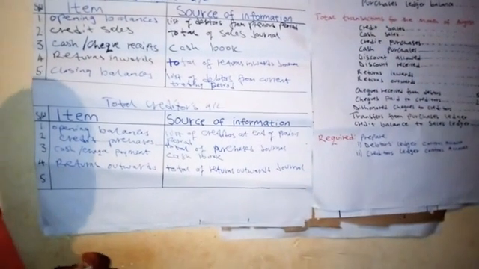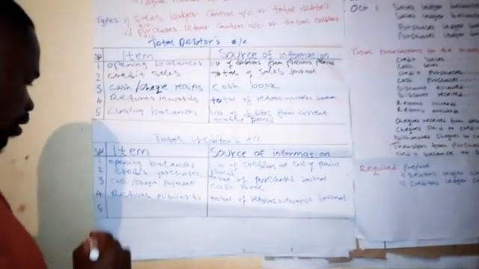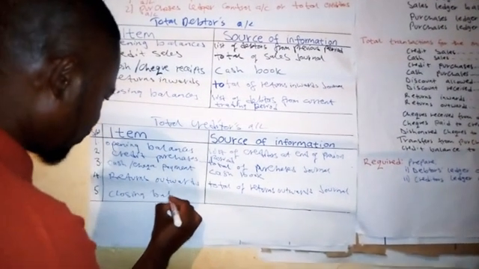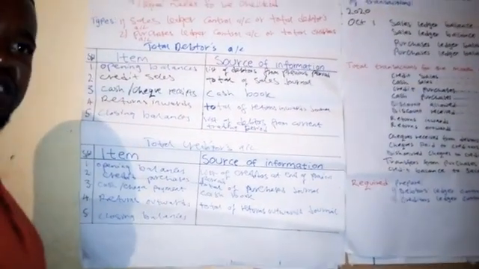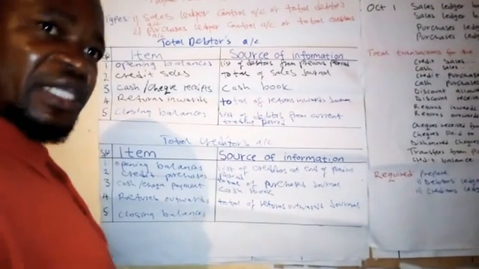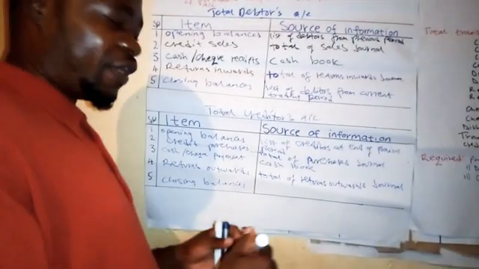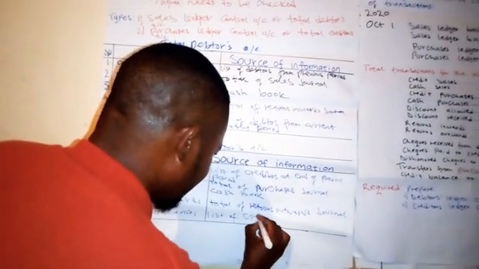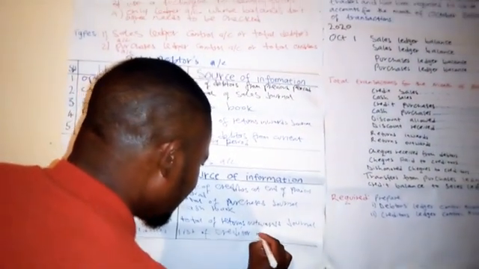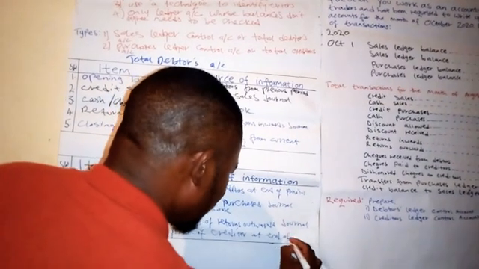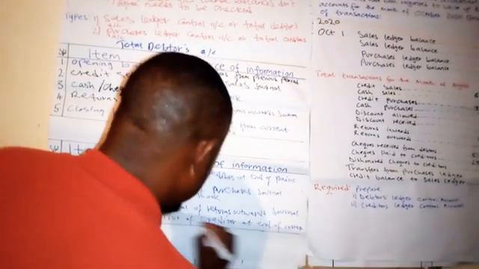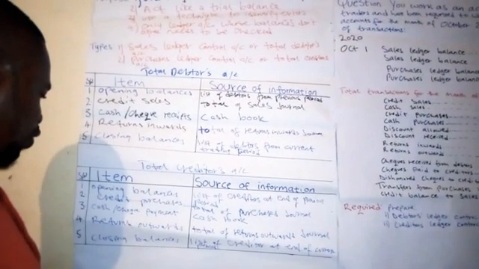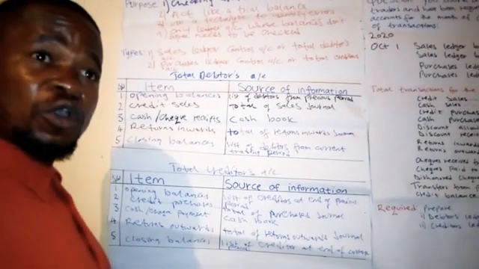Then the fifth one is the closing balances. These are taken from the list of creditors at the end of the current trading period.